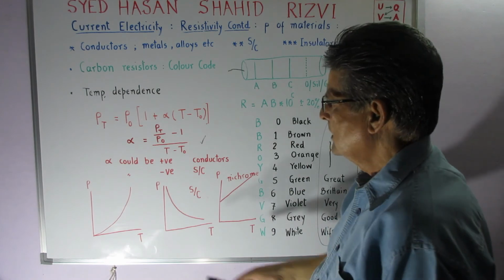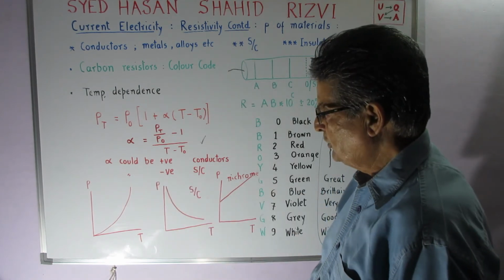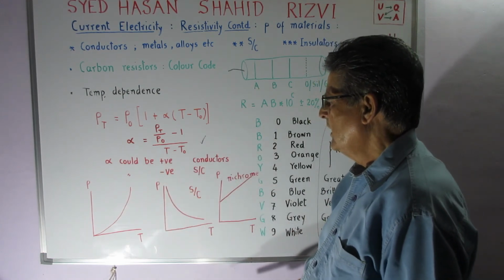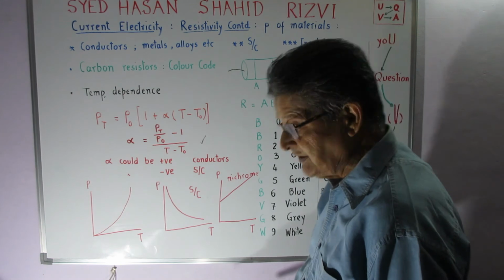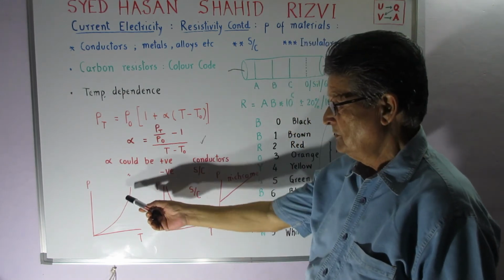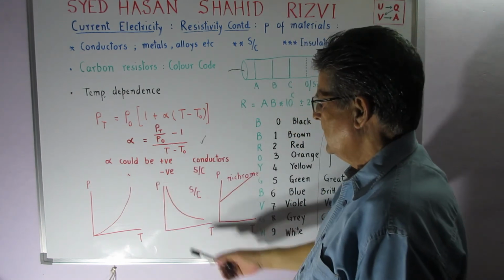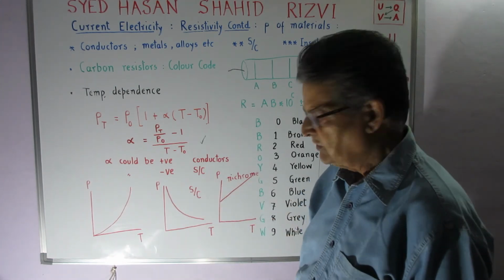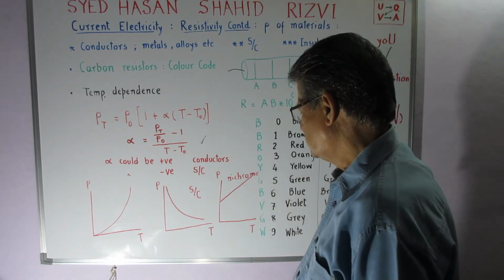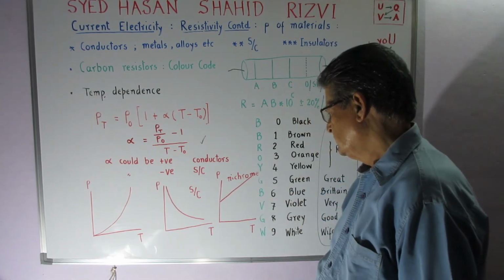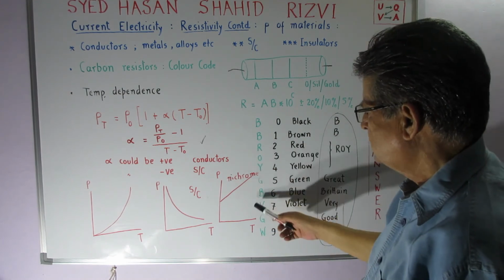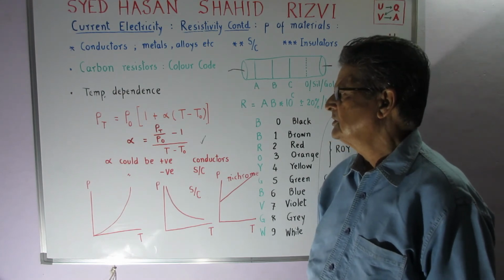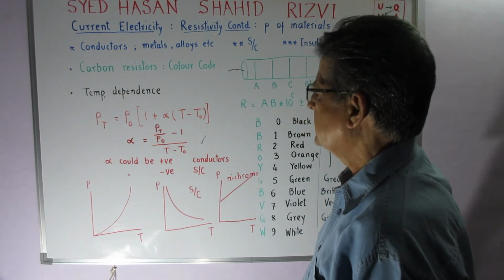Conductivity sigma will naturally decrease in the case of metals and alloys, and increase in the case of semiconductors. And nichrome shows that the conductivity changes slowly and gradually. So these are some of the things associated with this.